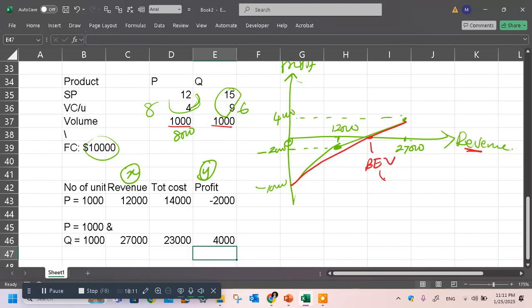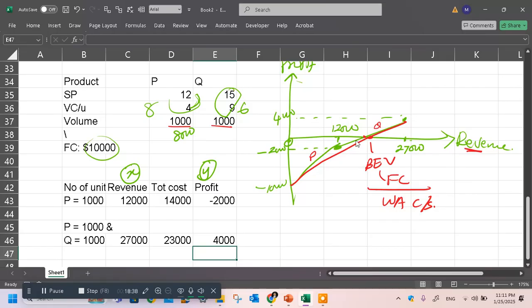Right, this is what we calculate: fixed cost divided by weighted average CS ratio. If somebody asks what is this point, see the green graph where it cuts the x-axis, what is that point? That is the break-even point if products are sold one after the other. That means P is sold first, you finish all P and then you take Q. If you are selling like that, that is where the break-even value is going to be.